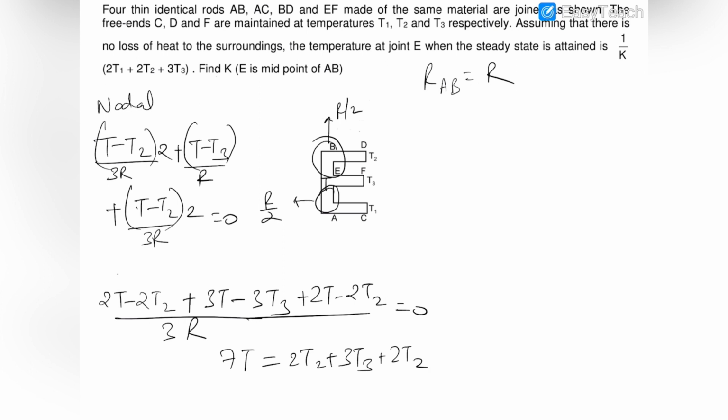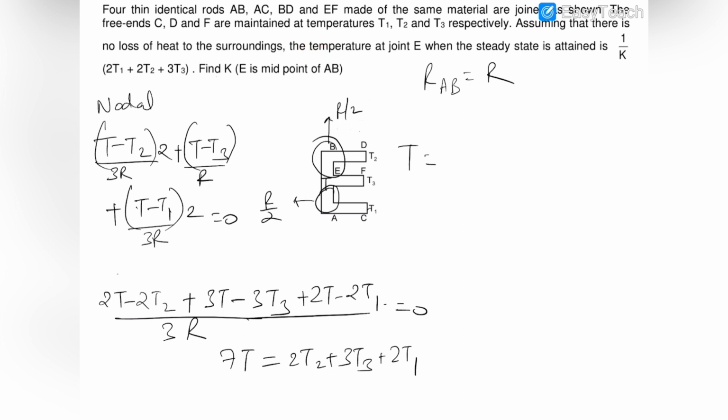Okay, and in fact this is T1. So this would be 2T2 plus 3T3 plus 2T1 is the total, and we have to find out the temperature of the joint.